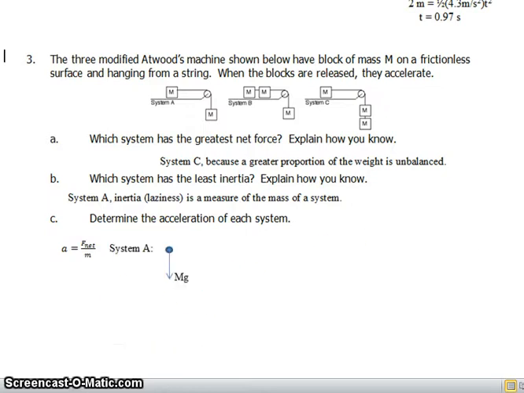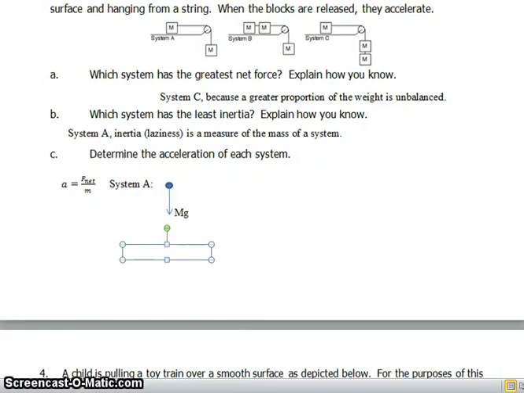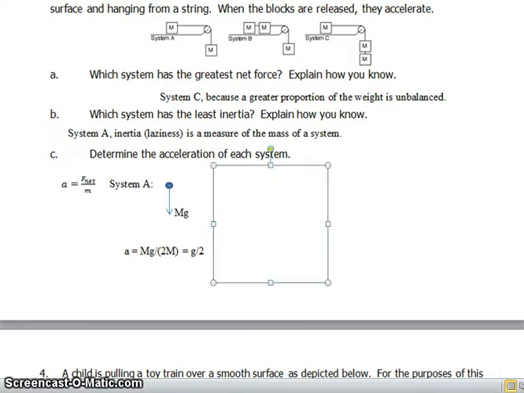And then we need to look at each of these. Well, for system A, treating everything as a system, there would be one force mg downward. And then, of course, acceleration would be equal to F net, which is that mg, divided by the mass, which is 2m. So we get g over 2. Okay, then for system B, same thing.